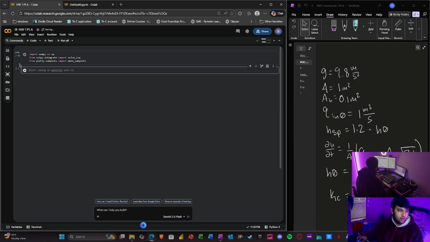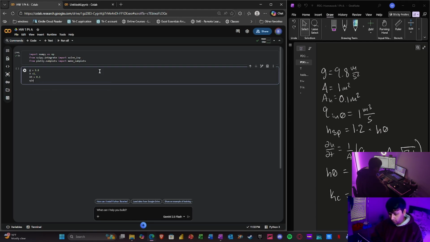So after we get our importation and all, we're going to write down what we know, all our variables and essential equations that we need. So let's just write it down like we discussed before. The area, and Q naught, which will be just 1.